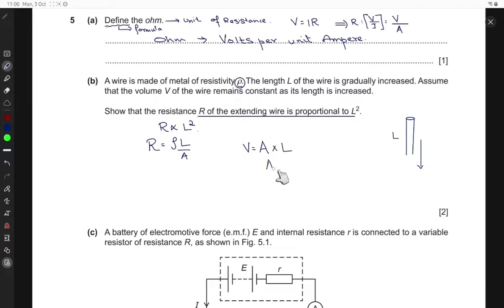Which I can rearrange to get an expression for A in terms of L and V. So this gives me V by L. So now if I put this back into this expression, this gives me R equals rho L divided by V by L, which is just rho L squared divided by the volume. And from this equation, we can clearly see that resistance is proportional to L squared.